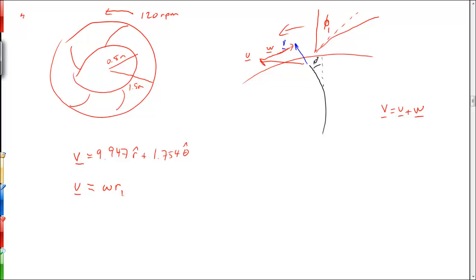I'm going to call it r1, since we're calling this phi1, the angle at the inlet, and I'll call this r2 there. And that's going to be in the theta hat direction because, if you remember from before, our coordinate system is such that r hat points outward, of course, theta hat points in a counterclockwise direction, and then z hat comes out of the screen.